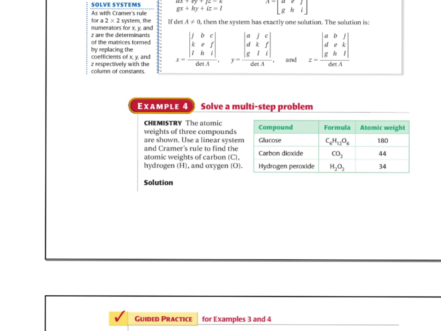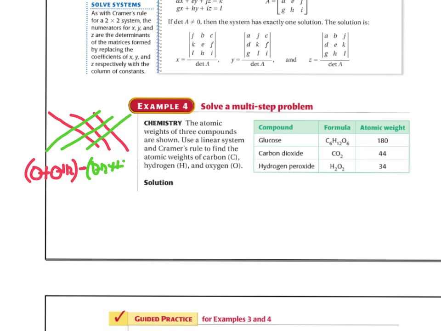So now we take the products of the diagonals, and then we will subtract them. So let's start with 6 times 0 times 2, which is just 0, plus 12 times 2 times 0, which is 0, and 6 times 1 times 2, which is 12, minus, and then we take these diagonals: 0 times 0 times 6, which is 0, 2 times 2 times 6, which is 24, and 2 times 1 times 12, which is 24.